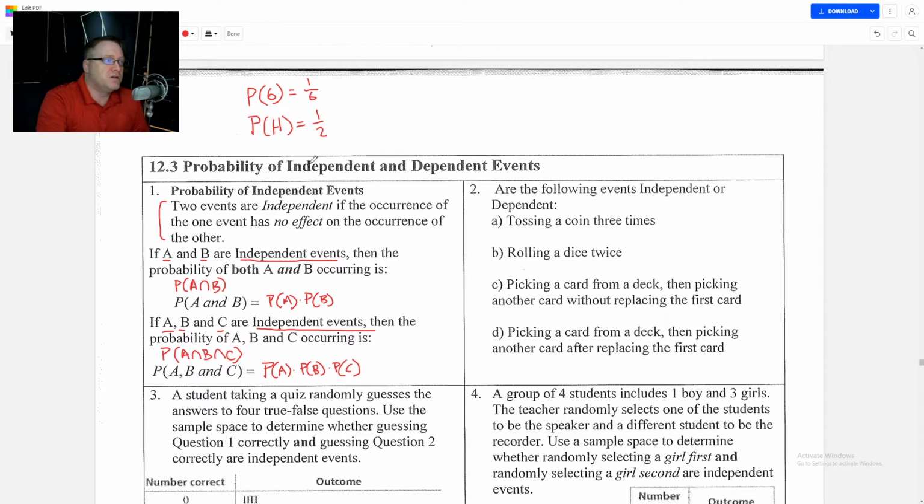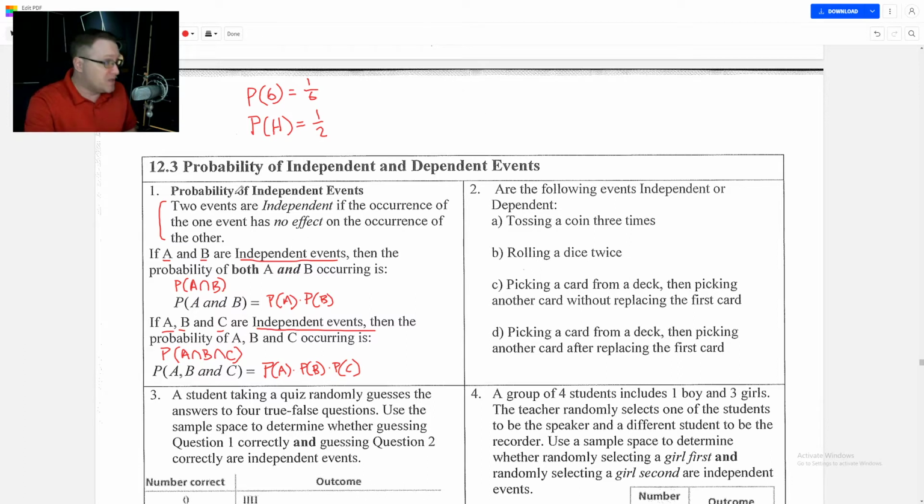Now, what if I ask the question, what's the probability that I flip a heads and J rolls a 6? So two things happening, it doesn't have to be at the same time. It could be me going first or him going first. It doesn't matter. But if we both do our thing once, I flip a coin, he rolls a die, what's the probability that I get a heads and he gets a 6?